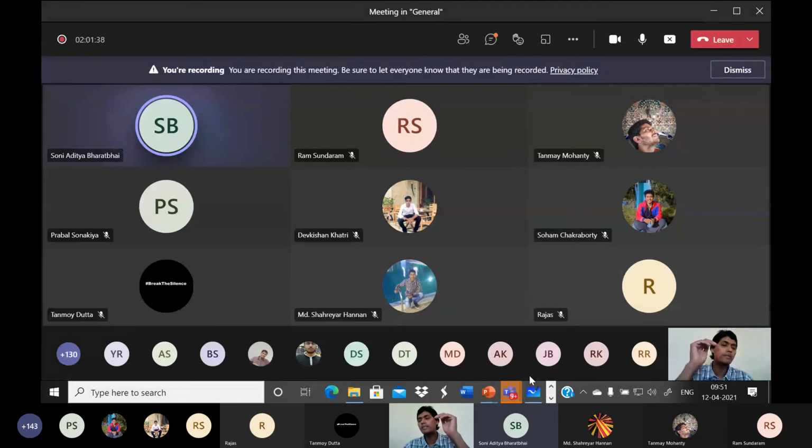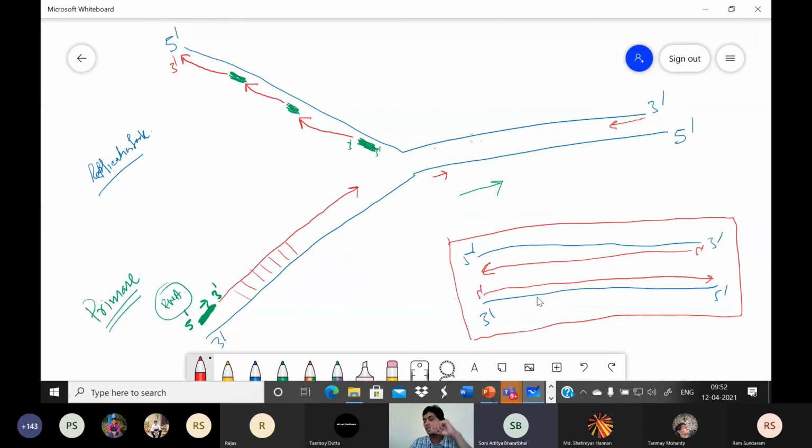No, primase is nothing. Primase is just giving the primer, that means an 8 to 10 nucleotide long small segment of RNA. So here, the small segment of RNA provides a 3' OH group so that DNA polymerase can start from here.